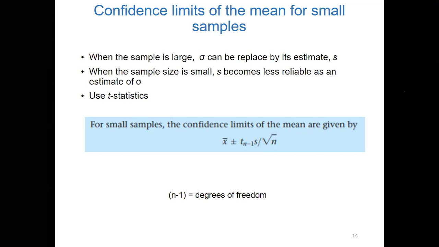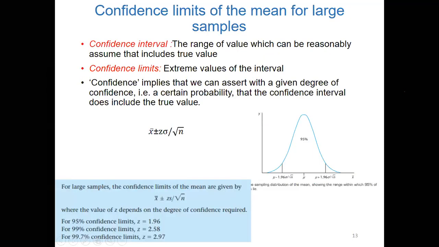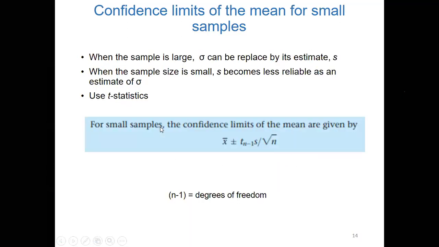And S is the standard deviation and square root of n is the square root of the number of samples. So just compare with the previous one, right? You can compare it with this equation. This is how we calculate the confidence limit of small samples.